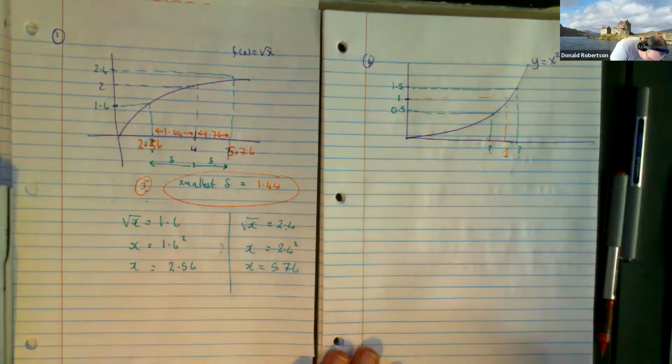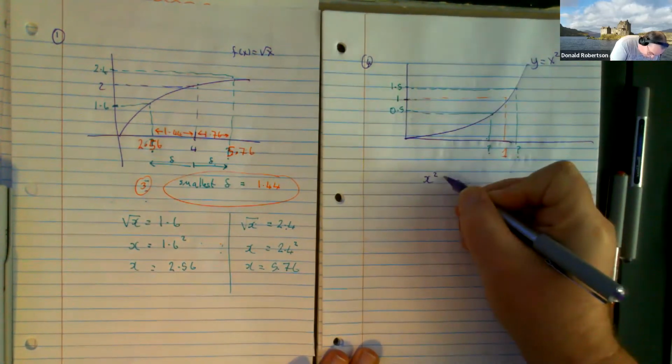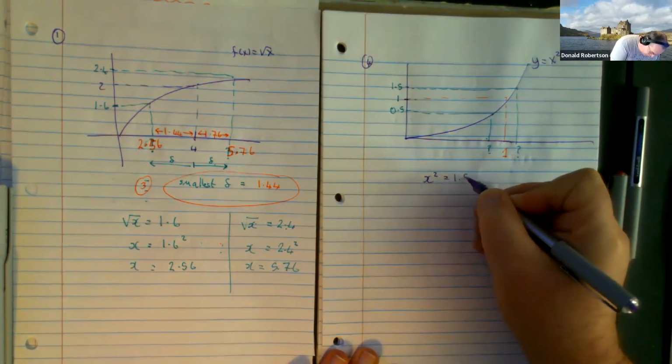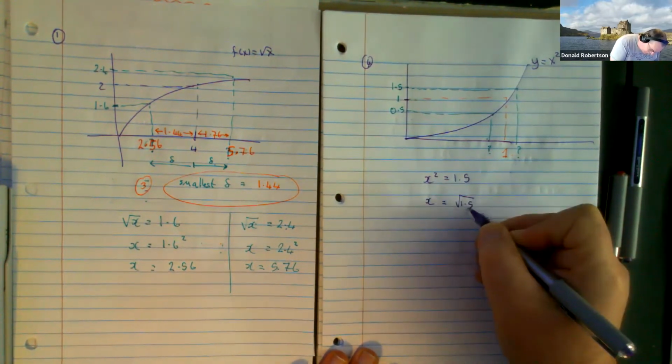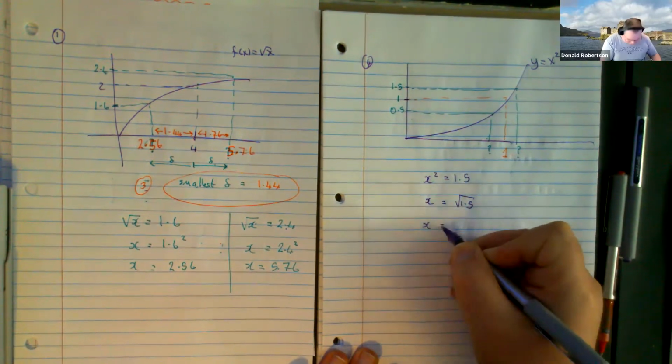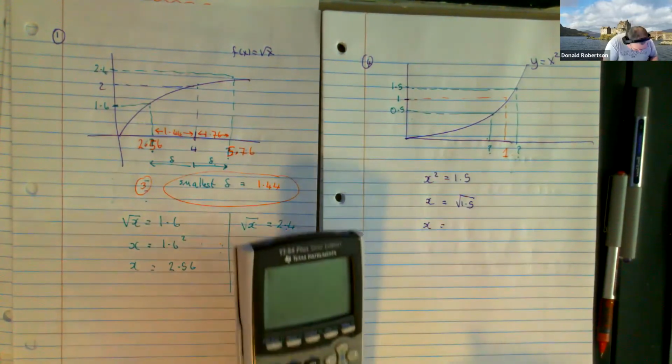So, top one, x squared is 1.5. Now, doesn't that make x the square root of 1.5? Right, because you take the square root of both sides. And we know it's positive because I can see it is.